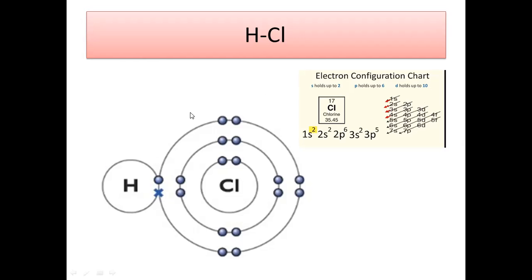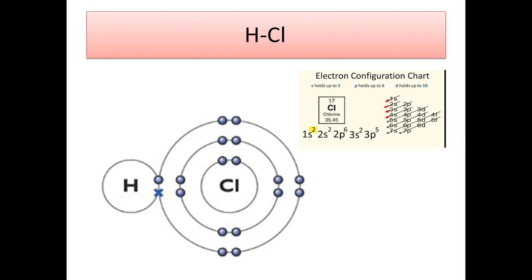So by sharing 1 electron each, the hydrogen atom and the chlorine atom form a covalent bond. After the formation of the covalent bond, the octet of chlorine is complete, and the first shell of hydrogen is also complete, and this is called the covalent bond.